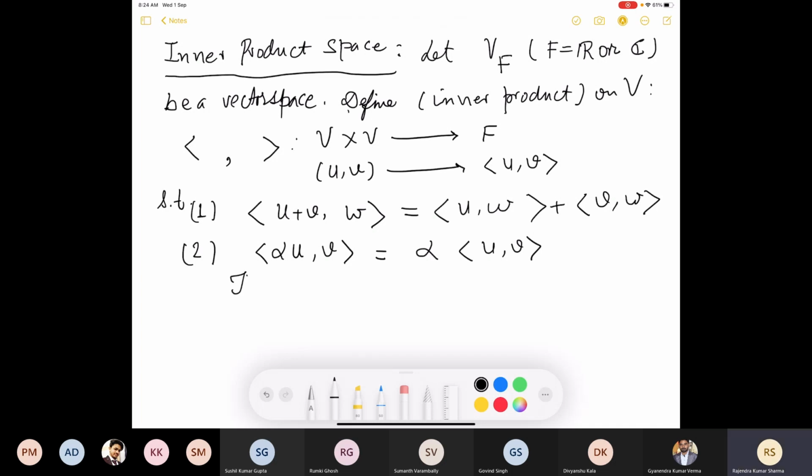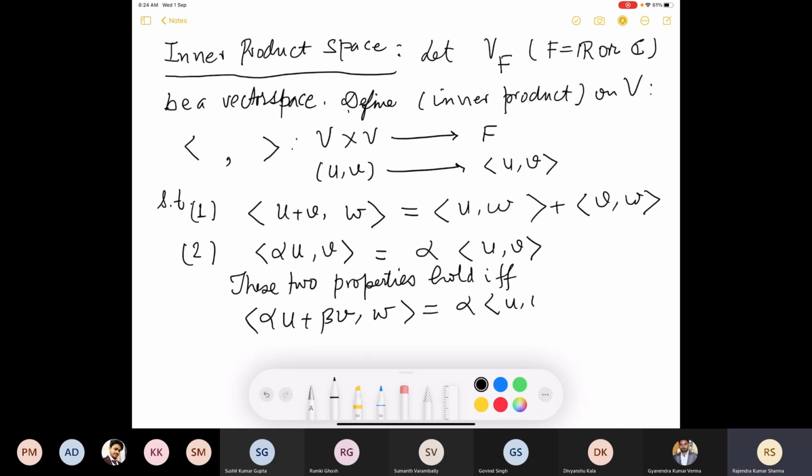These two properties hold if and only if the combined one holds, which can be written as alpha u plus beta v comma w is the same as alpha times u comma w plus beta times v comma w.